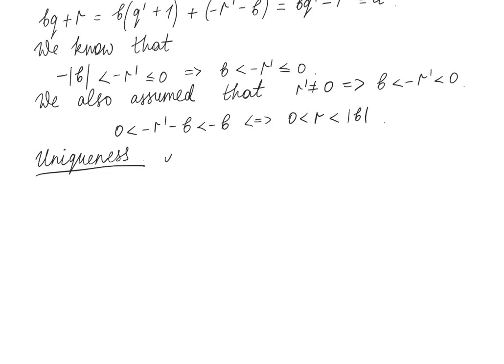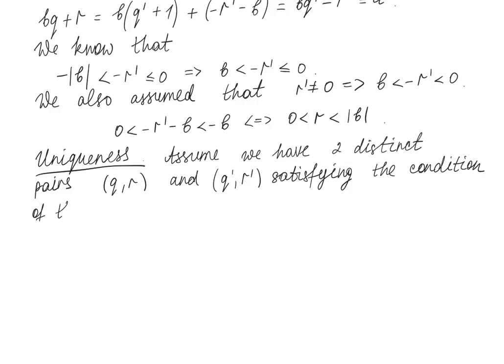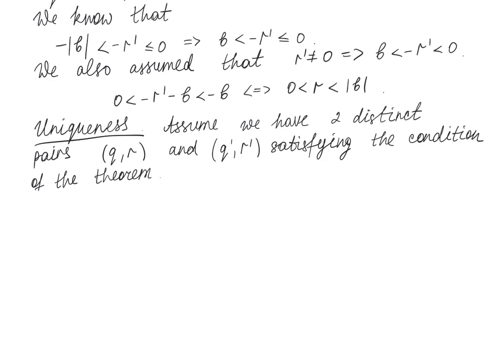Okay, so assume we have two distinct pairs q, r and q prime, r prime satisfying the condition of the theorem. So what does it mean?